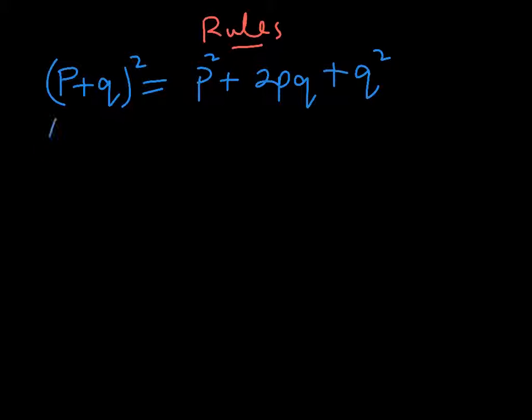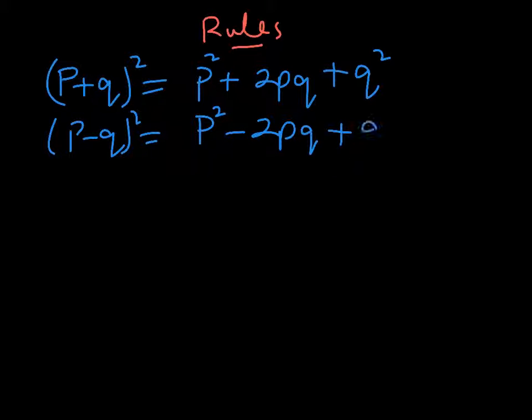Let's look at the other one, (P minus Q) squared. When it is fully expanded, it becomes P squared minus 2PQ plus Q squared.